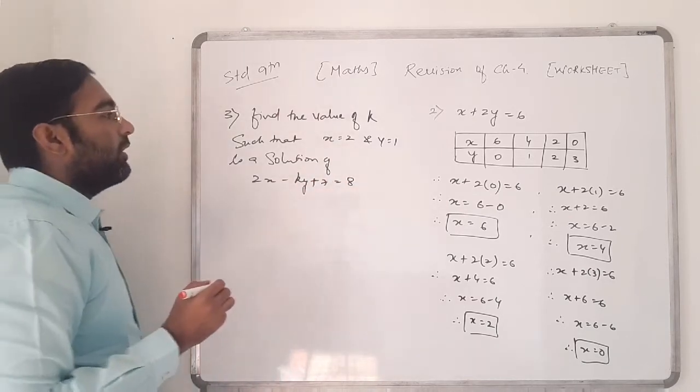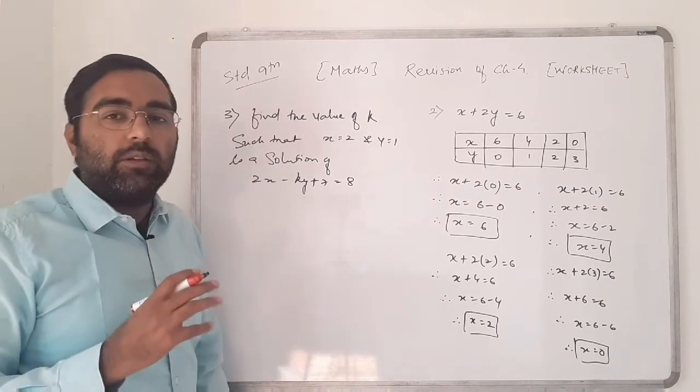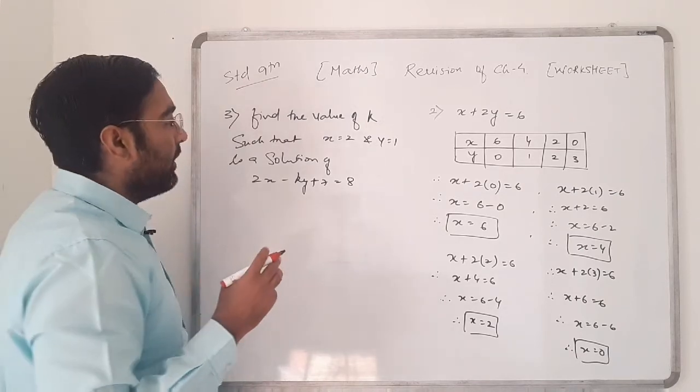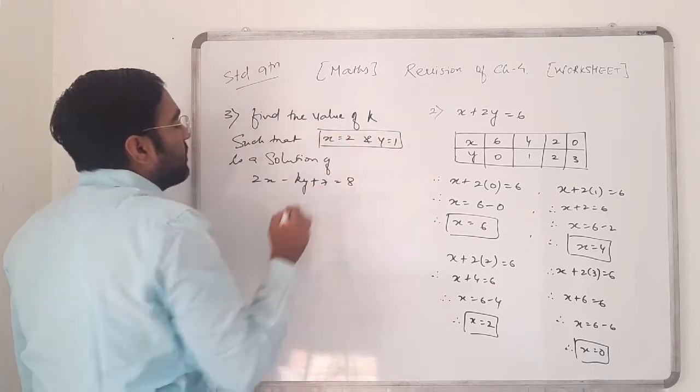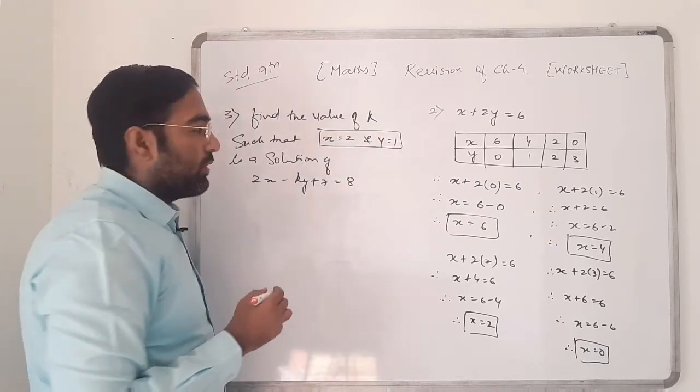So here my linear equation is given, that is 2x minus ky plus 7 equal to 8, and x equal to 2 and y equal to 1 are the solution of this given equation.